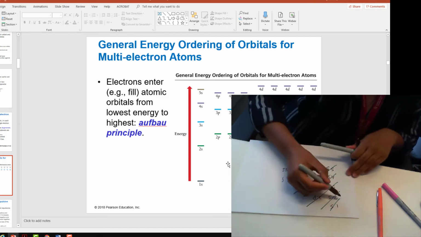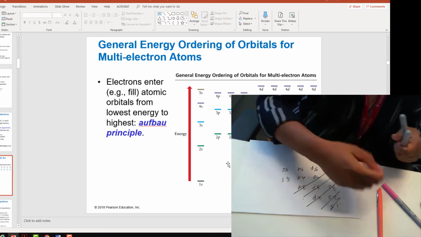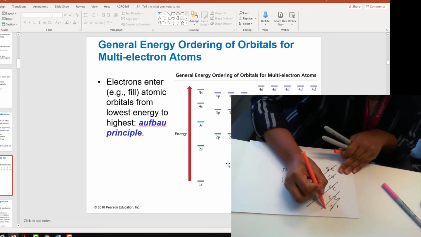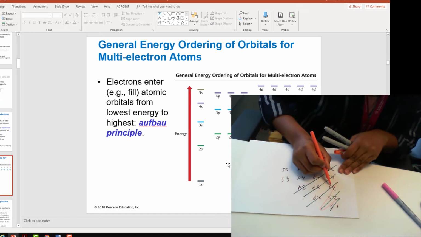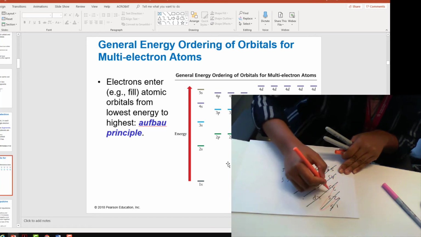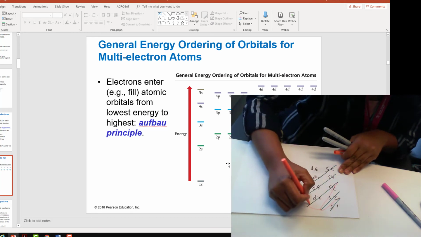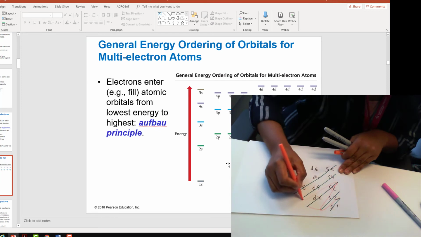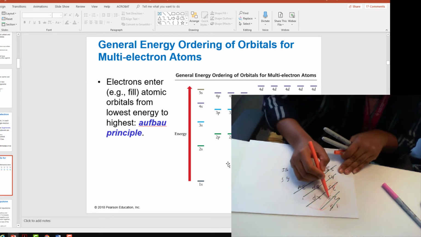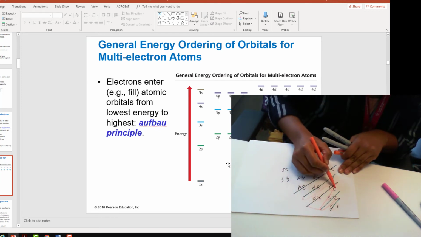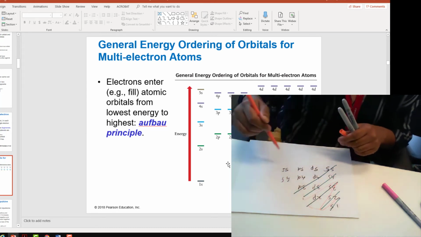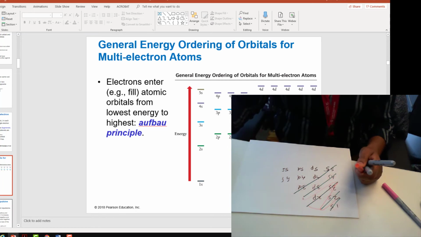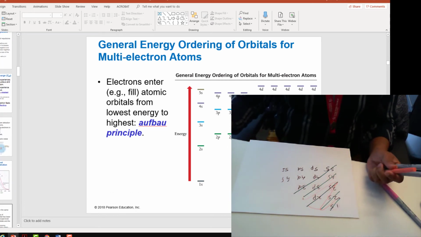Sorry, let me choose another color. It goes up and then goes down. So now you know 1s first, 2s, 3s, it goes here like that and then comes here, then goes up, comes here, look, so it's 1s, 2s, 2p, 3s, 3p, 4s, 3d, 4p, goes like that.